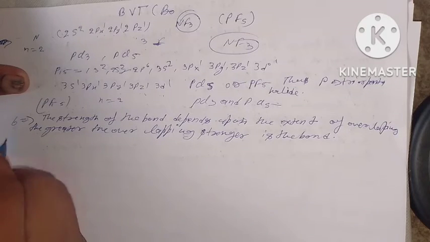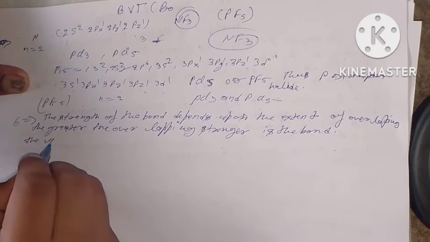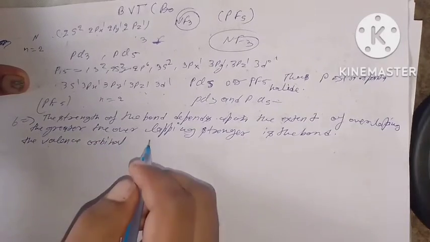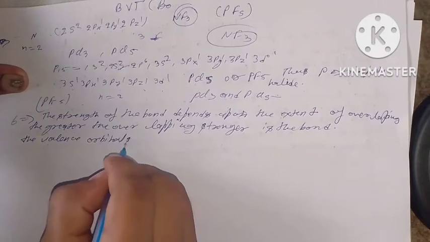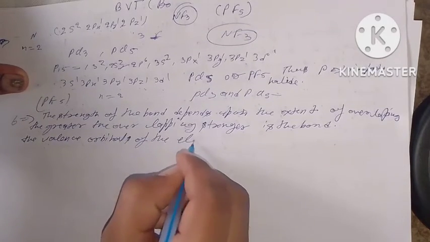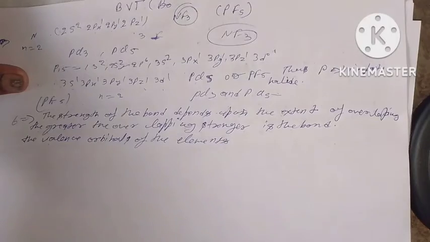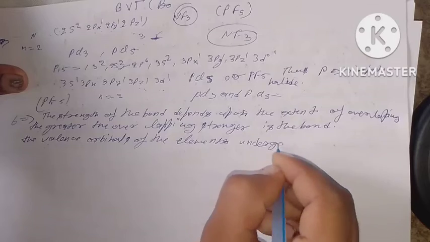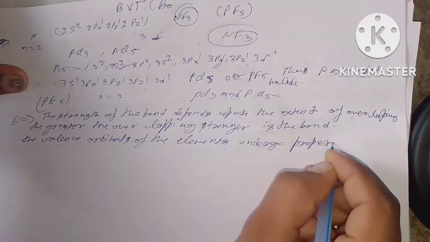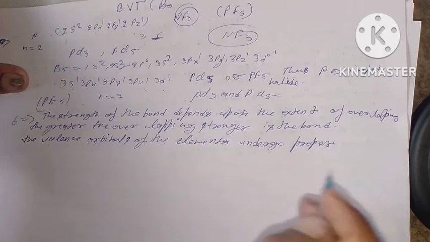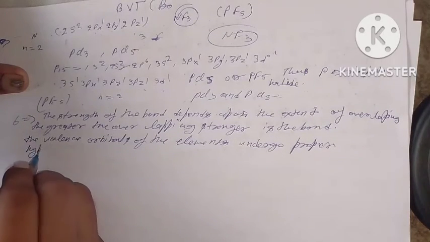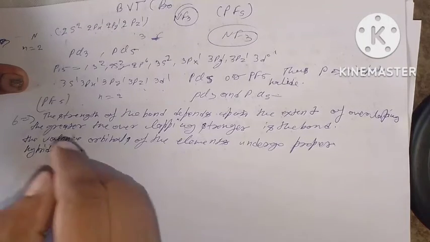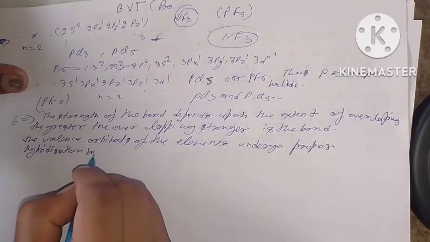The valence orbitals of the element undergo proper hybridization before bond formation.